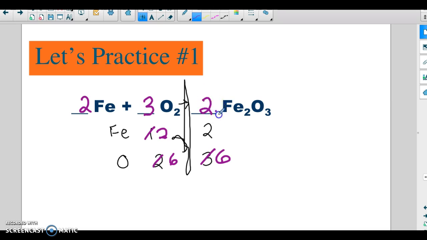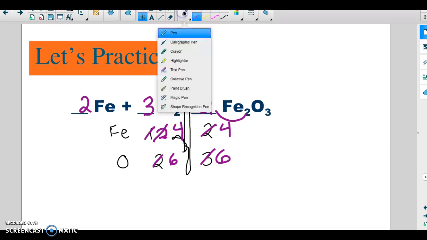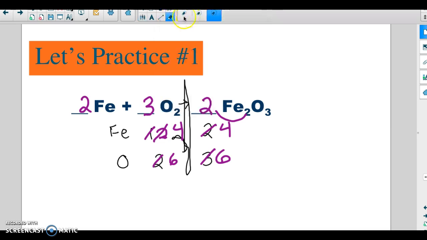But now you can see that I just changed my iron to 4. So now I want to have 4 over here. So I will want to use my handy dandy eraser, erase this. And then I want to change this now to a 4.